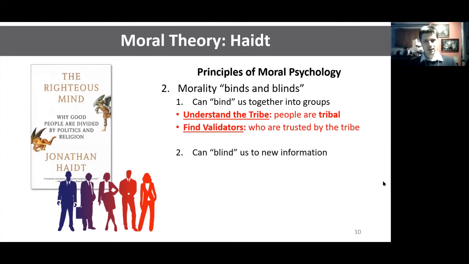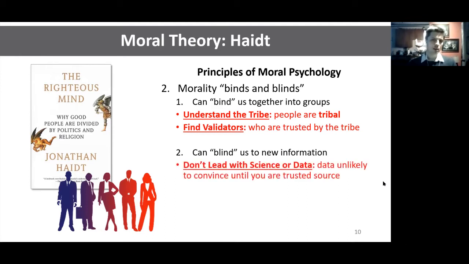And the second piece, which gets to the point of what I just said, is that being in a tribe can blind us to new information. If you hear information that challenges the orthodoxy of the tribe, you're probably going to be very skeptical, and you may even double down and push back. That is to say, don't lead with science or data. Data are unlikely to convince until you've become a trusted source.